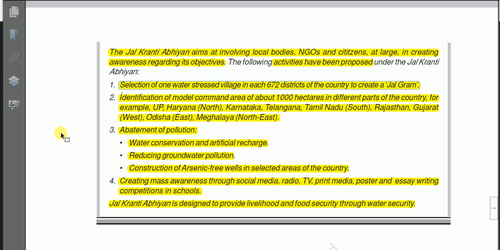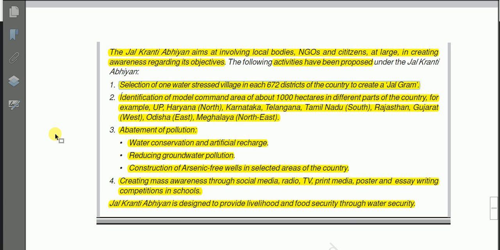So from a district, at least we have to select one water stress village, and that village will be the Jal Gram. For example, from Churachandpur district here, we have to choose one water scarcity village to create a Jal Gram.